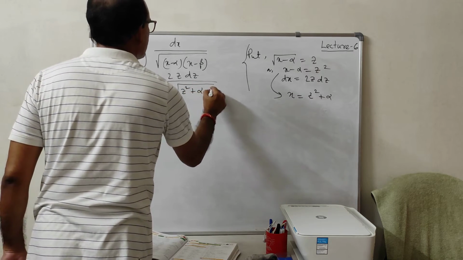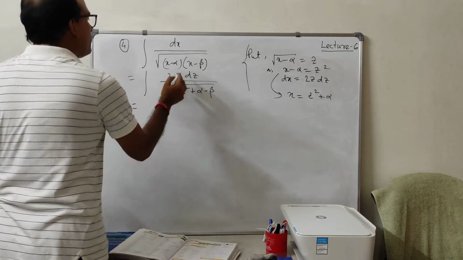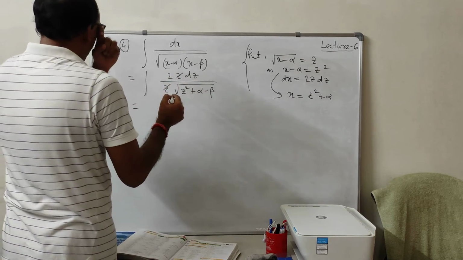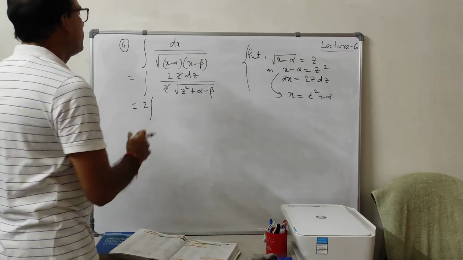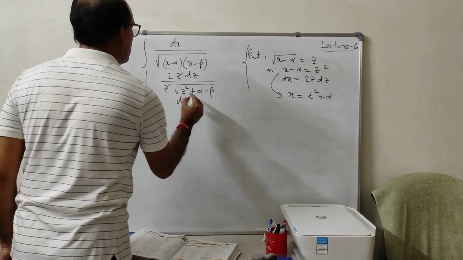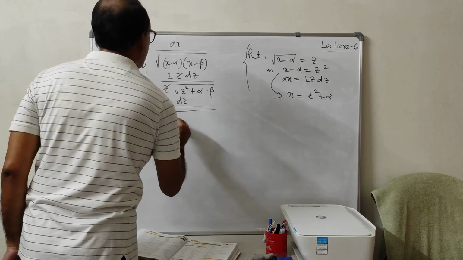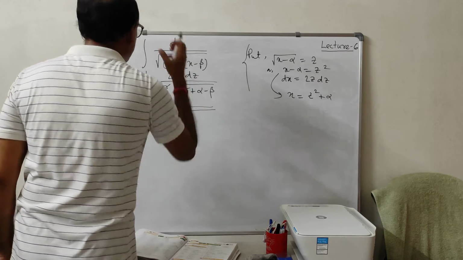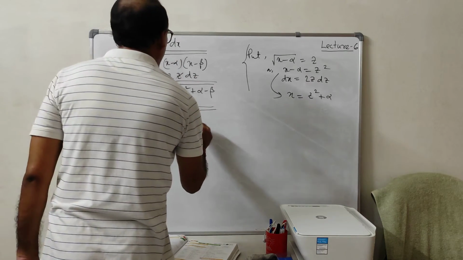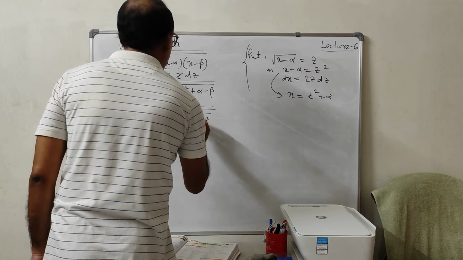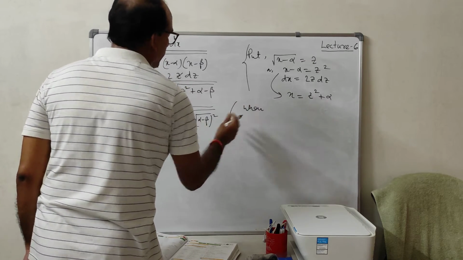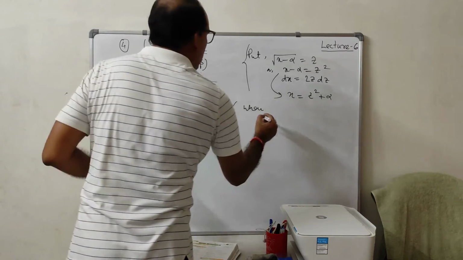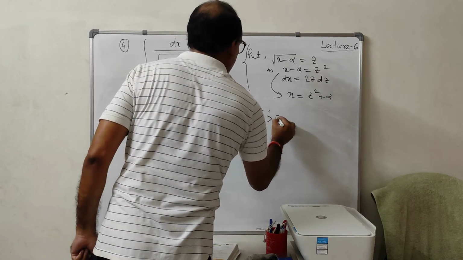So x minus beta is z square plus alpha minus beta. z cancels out, and take 2 out of the integral because 2 is constant. Integral of dz by root of z square plus (root of alpha minus beta) whole square, and you can write this only when alpha is greater than beta.